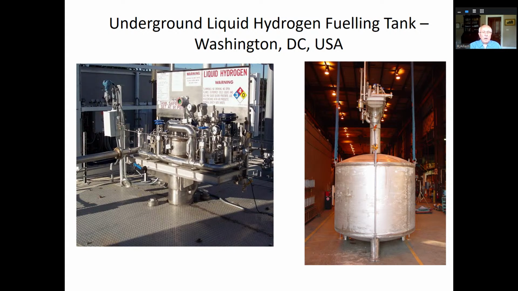And this then goes to a high pressure pump, which pumps the liquid hydrogen to 700 bars pressure. So the fluid going into the cars or into the dispenser is hydrogen at 700 bars, and the dispenser has special devices that make that a safe material for filling into the car's tank.